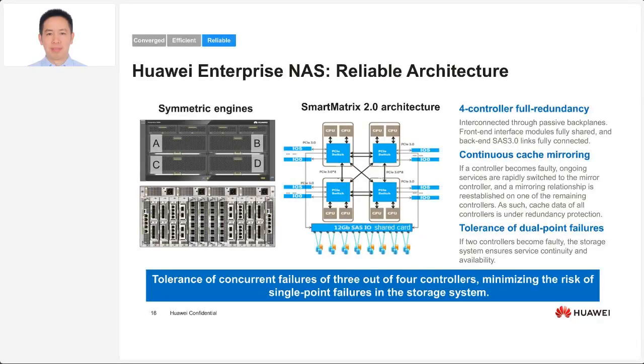And we're also talking about converged system efficiency and reliability, which is one of the key features we're looking for.